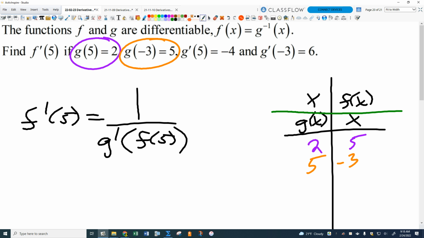Okay. In order for the brown one to work, what value am I plugging into the function? Well, 5, right? Does that match with one of my ordered pairs up here?